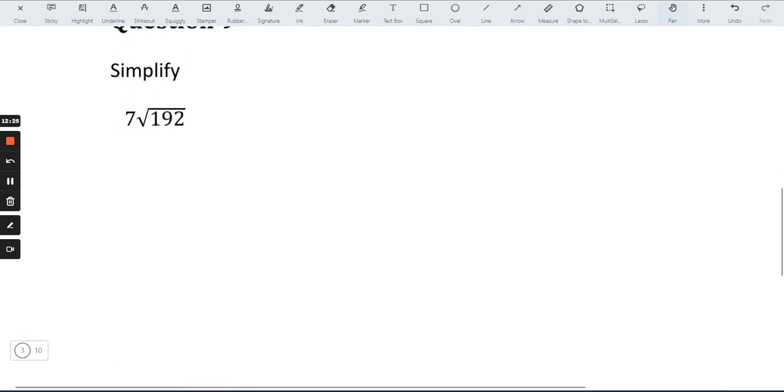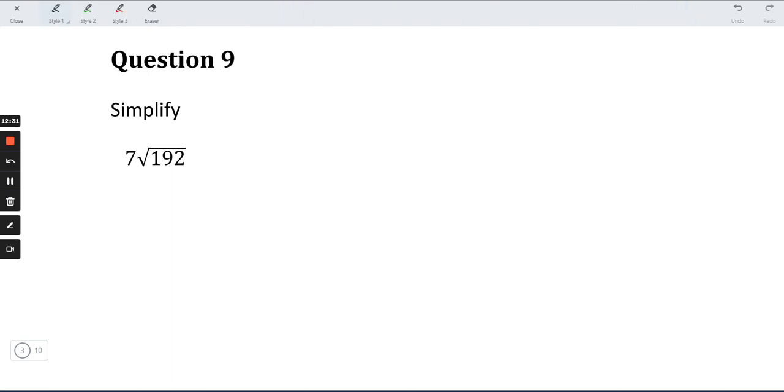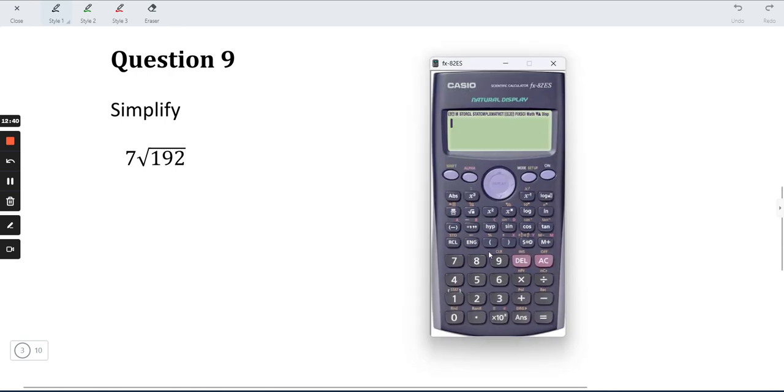Question 9 here. Simplify 7 times square root 192. 49, we saw it in 49 times 3 from the previous question, we get 147 plus 49 will get 196.